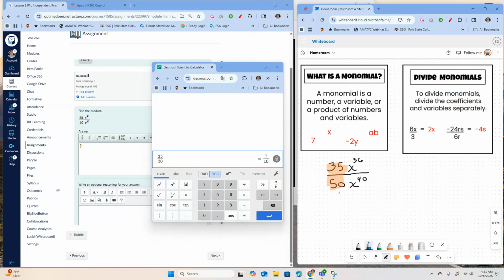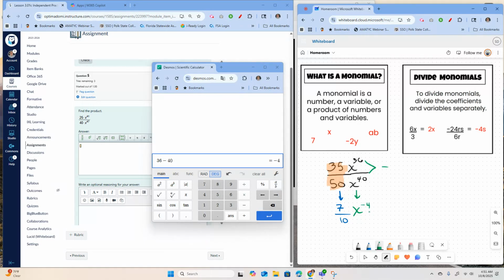So here, 35 over 50 is 7 over 10. Now I'm going to divide the x's. I'm going to keep the x, and with the two exponents, I'm going to subtract them. Again, use the calculator if you don't remember how to subtract these numbers. So 36 subtract 40. And you can see I got -4.